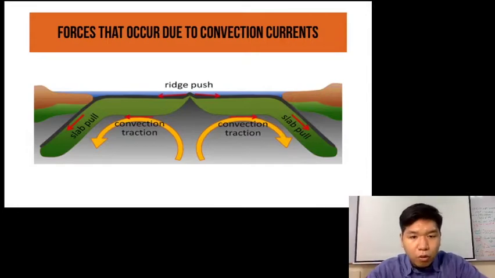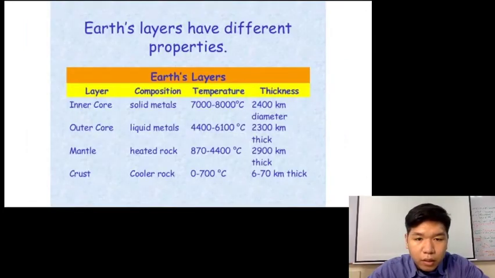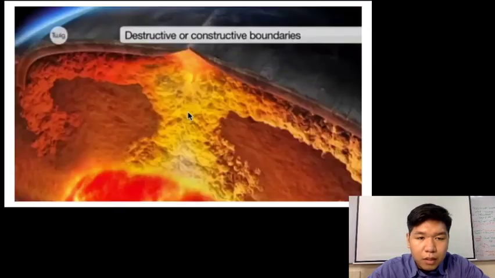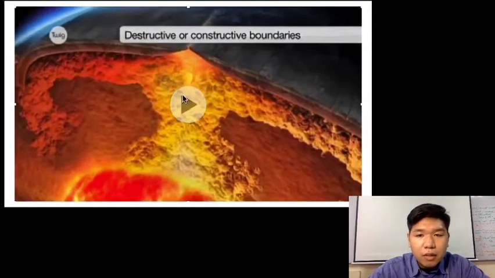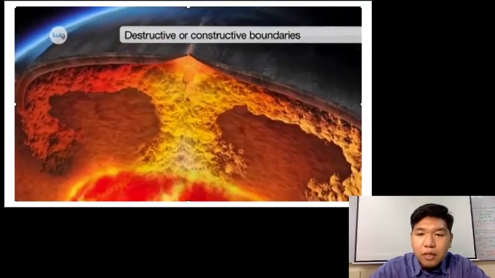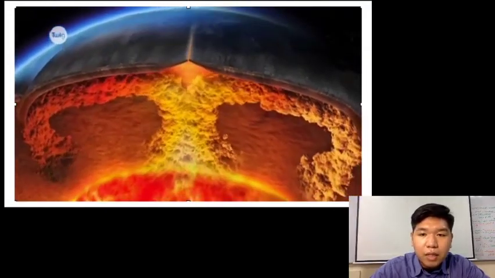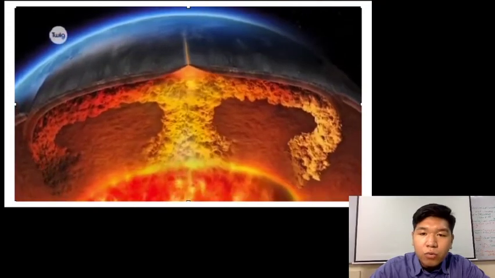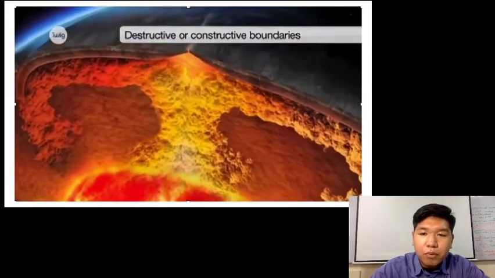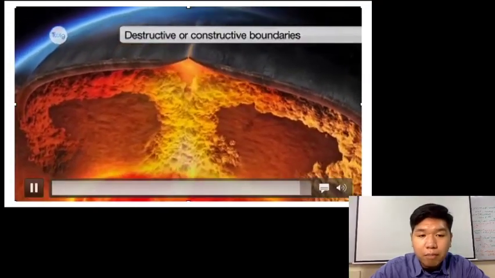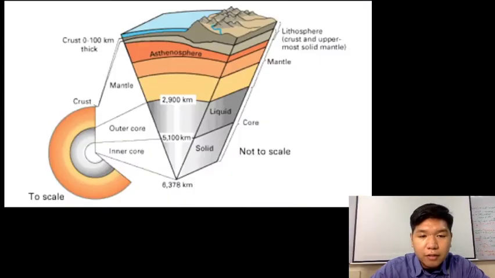So let's just quickly go back to our tectonic plates. This here is going to be ridge push there at the center, and at the two corners is going to be slab pull, where subduction also happens. Okay?